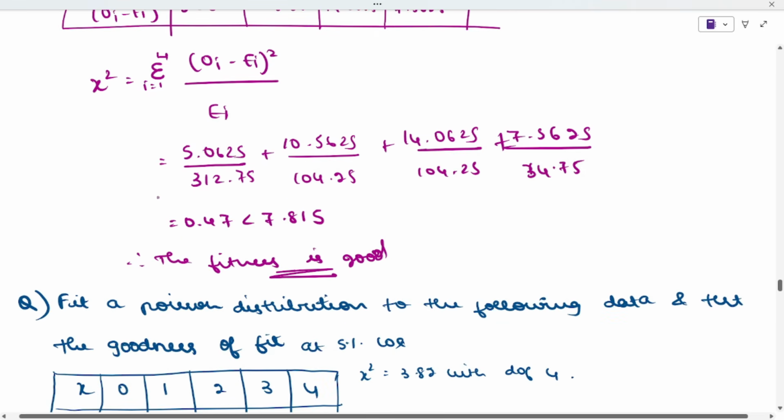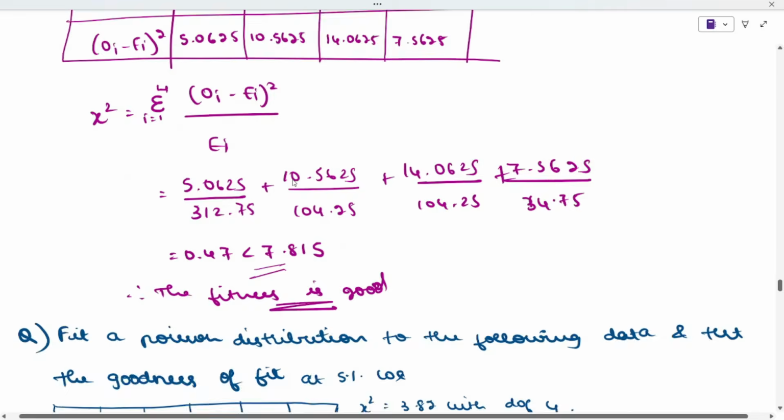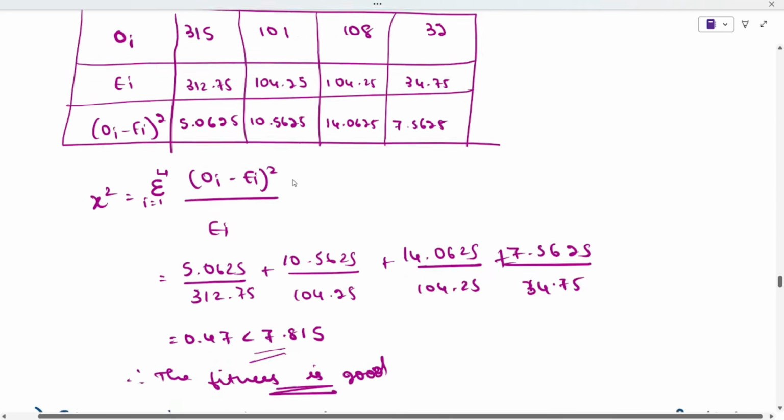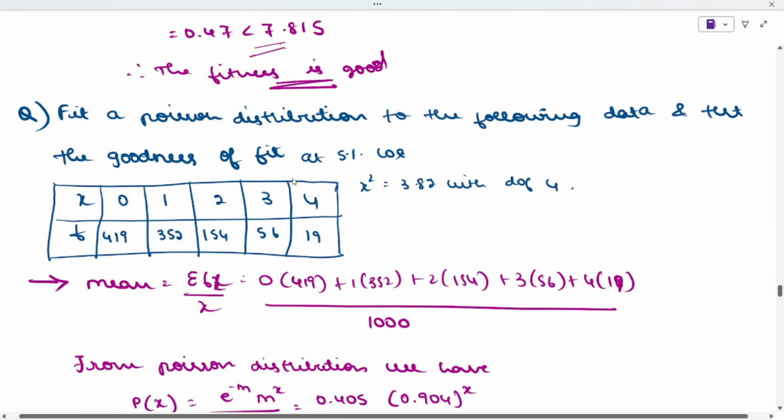Next you will take again x square is equal to sum from i equal to 1 to 4, and you will apply this formula. You will get 0.47, that is less than 7.815. You can observe the table, you will get this value. According to this it is less, so the fitness is good.